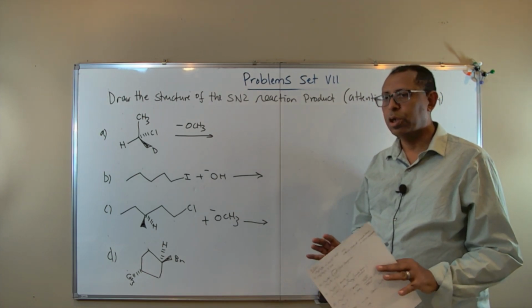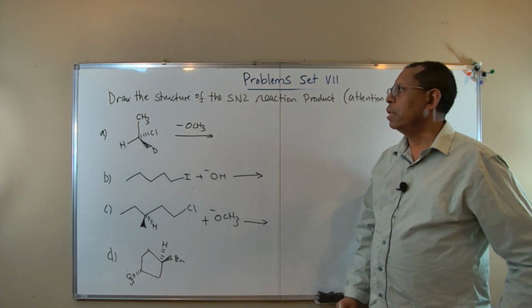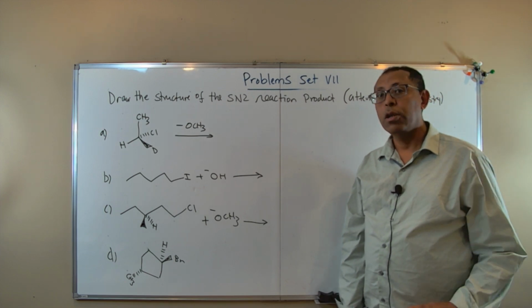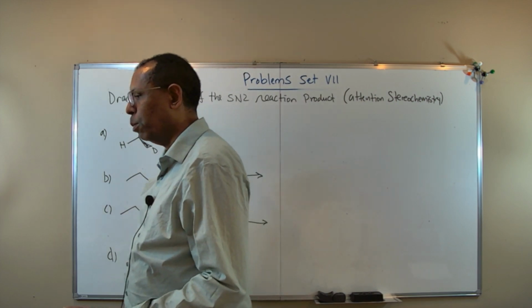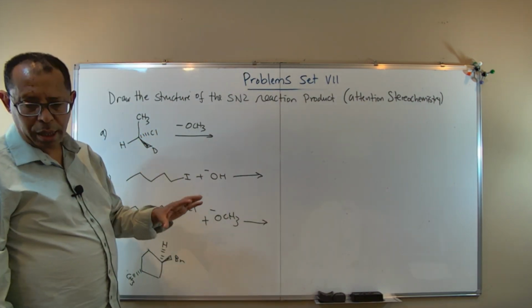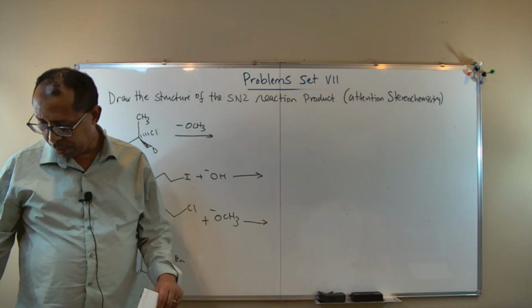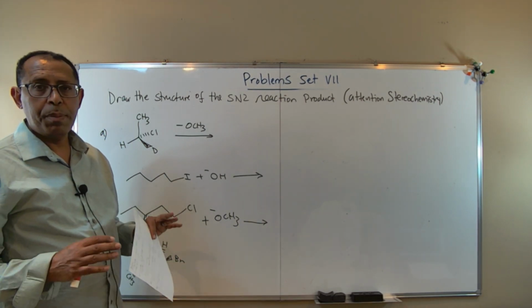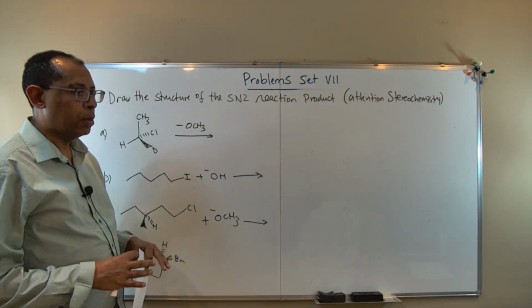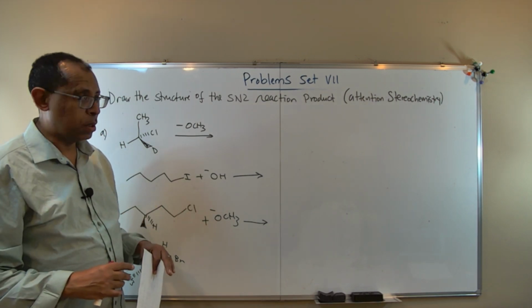Now we go deep into the stereochemistry of an SN2 reaction. That means SN2 reaction, if you remember, it is a backside attack, and the products are formed. If you start with an enantiomerically pure compound, there is inversion of configuration.